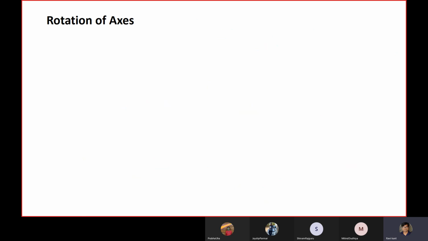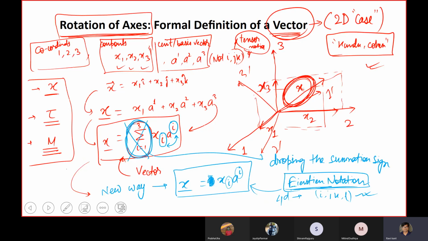Let's suppose I have a coordinate system, and we will start giving notation as 1, 2 and 3 as my coordinate system, and 1 dash, 2 dash, 3 dash as my rotated coordinates.